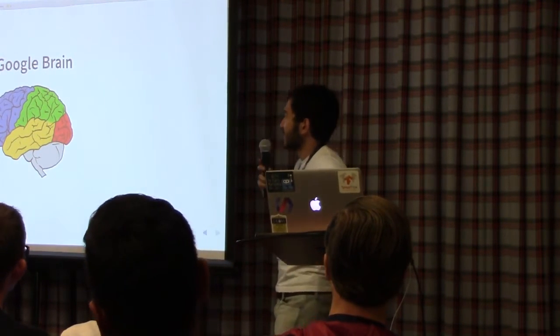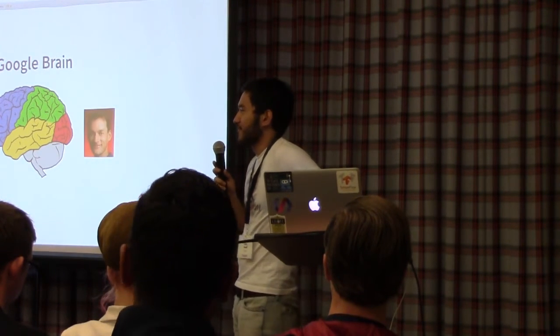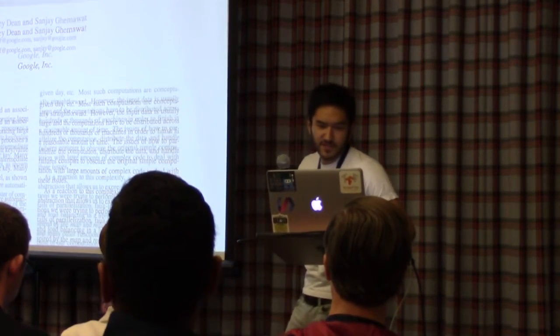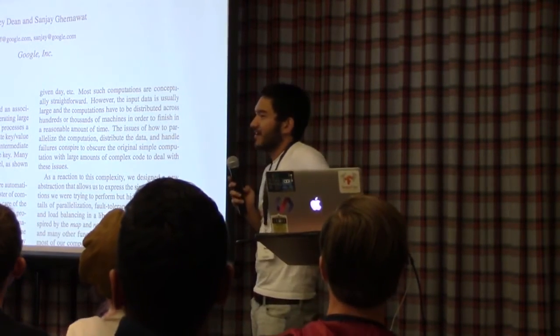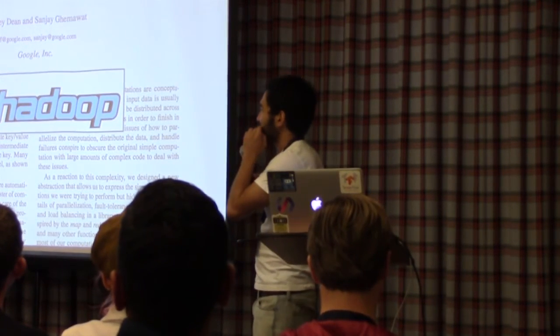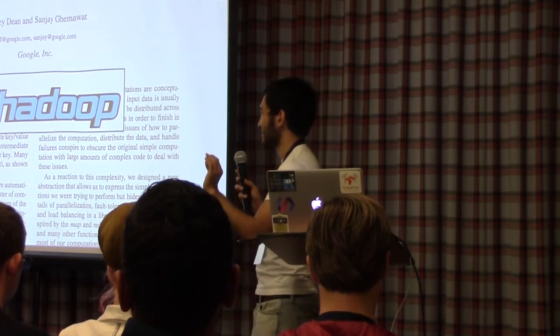Google Brain is led by a guy named Jeff Dean, who you may have heard of because he, among other things, came up with MapReduce, which of course Hadoop is based on. But Jeff Dean is incredibly prolific. MapReduce is one of many systems he created.